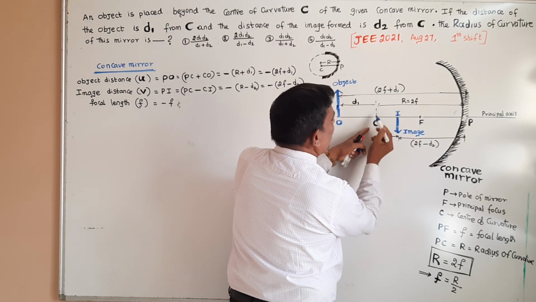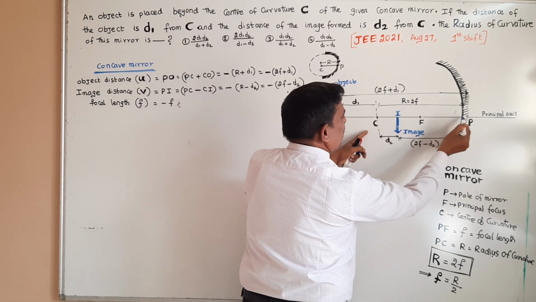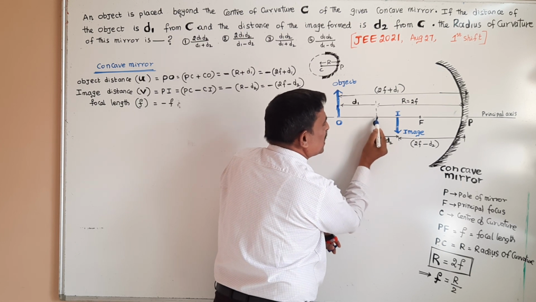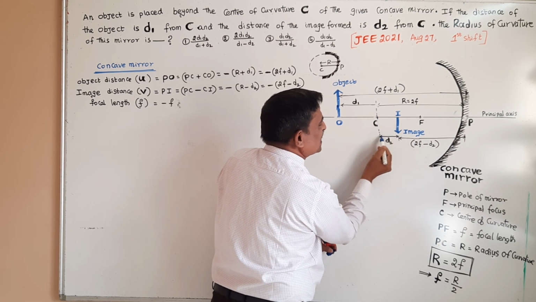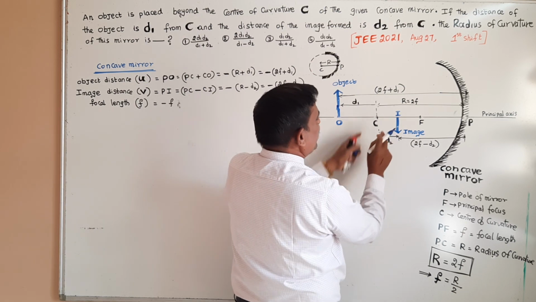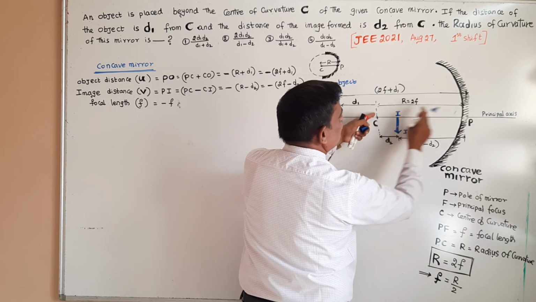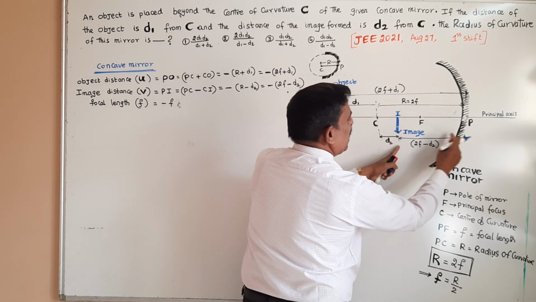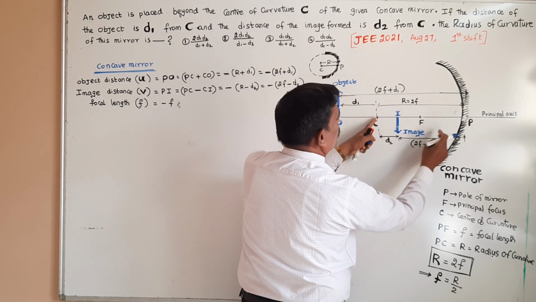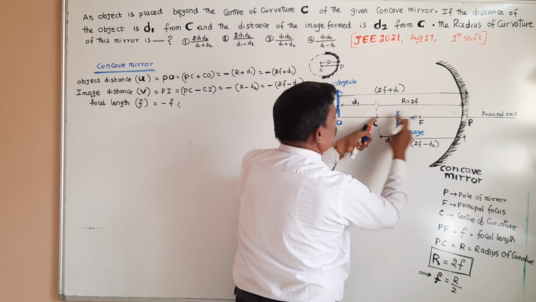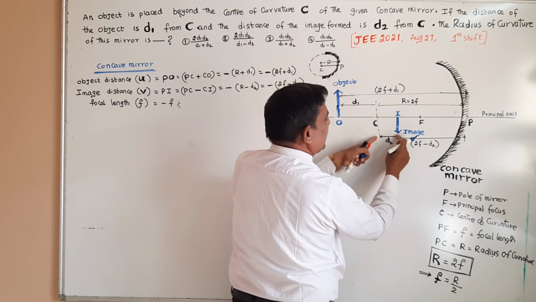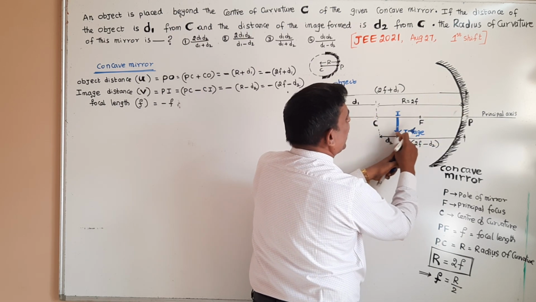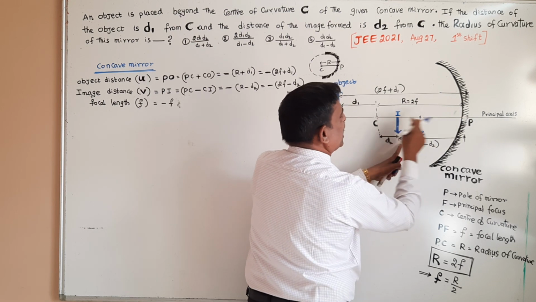From here to here, this is nothing but the radius of curvature. From the center of curvature, the image distance is given as d2. This is r, this is d2. This distance is 2f, this distance is d2. We need the distance between pole and the image.